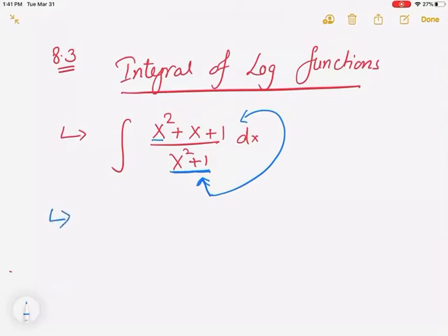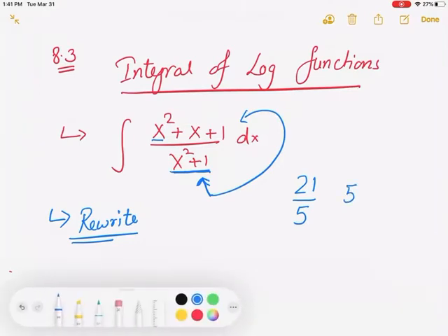This is where I'm going to think about rewriting this. So we need to rewrite this problem. When I say rewrite, pretend you have a fraction like this. If I ask you to rewrite this fraction, isn't it I can write it as a mixed number?